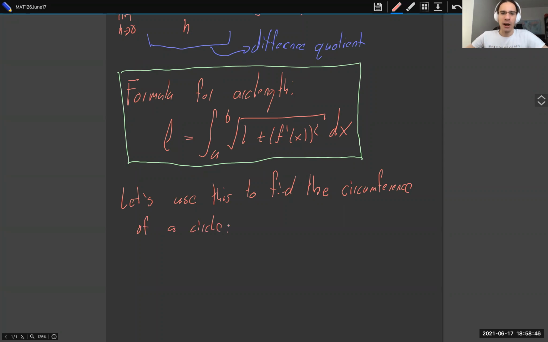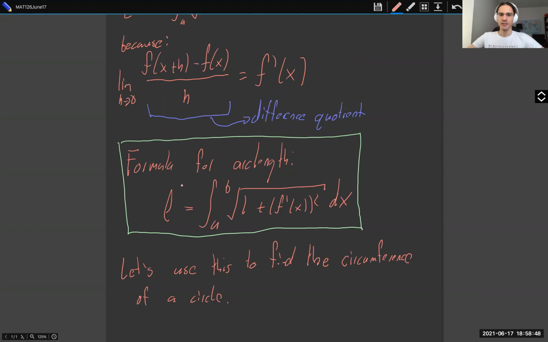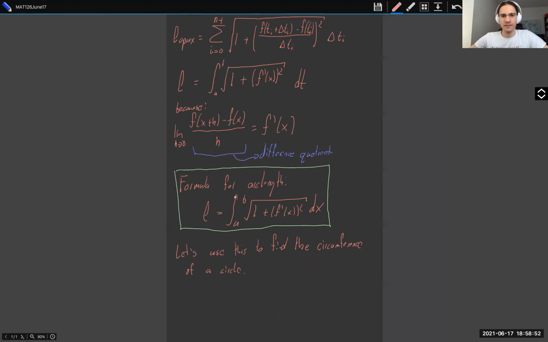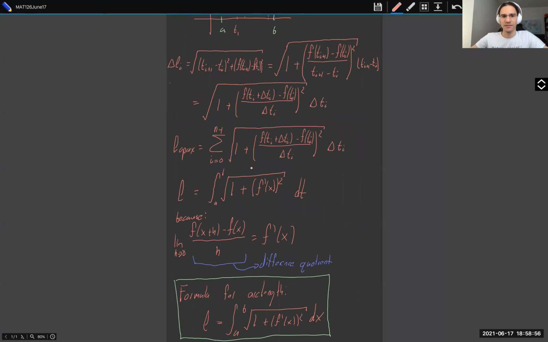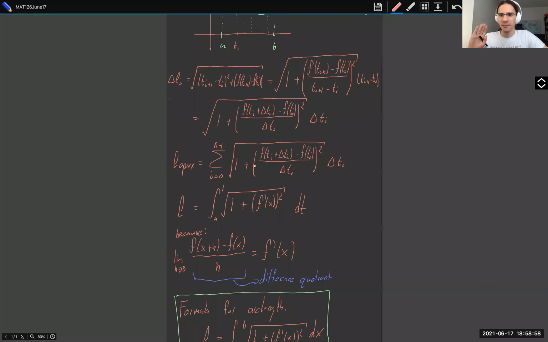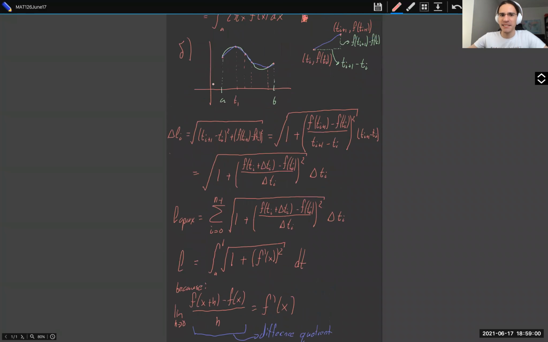First, any questions about how I got this formula? The takeaway message, by the way, is that basically you subdivide the interval and then you calculate the length of the blue curve.